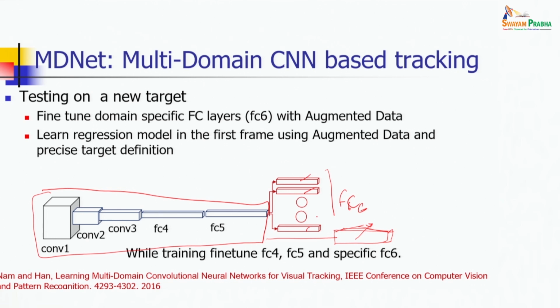There is also another additional task done in this network. It learns a regression model in the very first frame using the same augmented data. Regression means that since you know the precise target location, given any positive example you try to predict the target location.